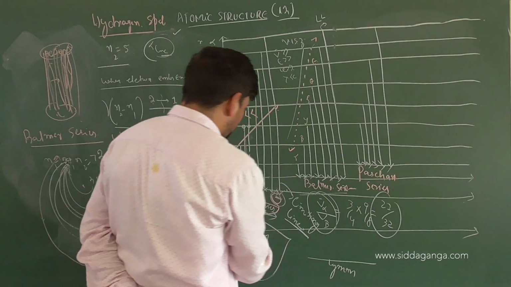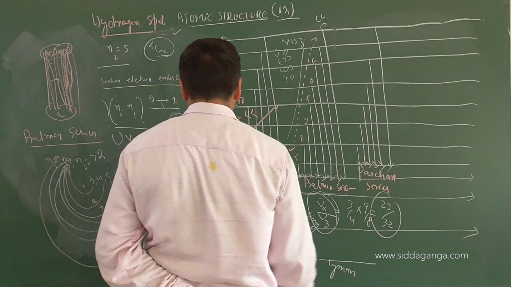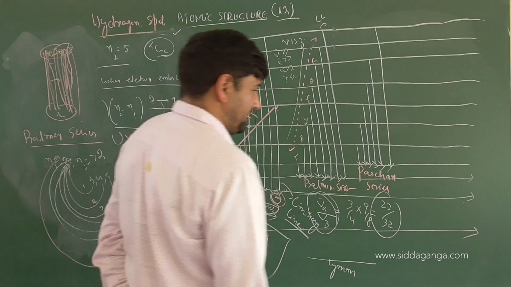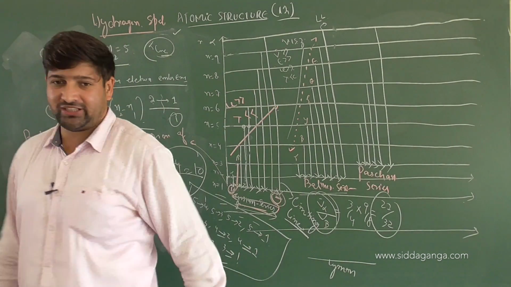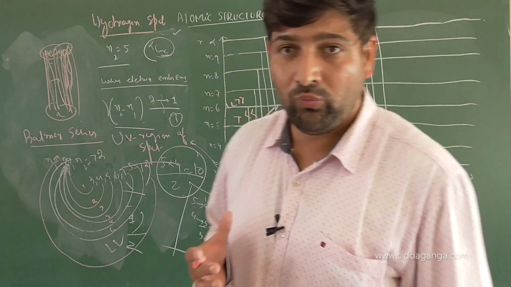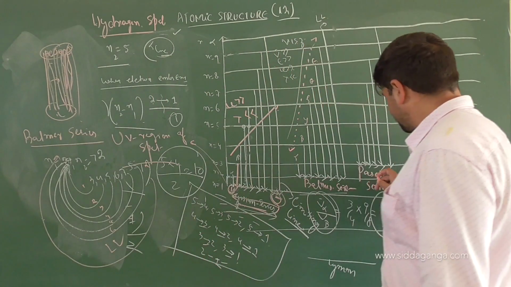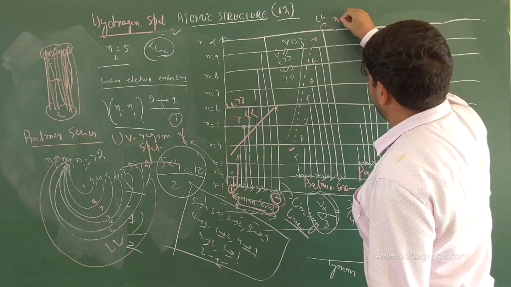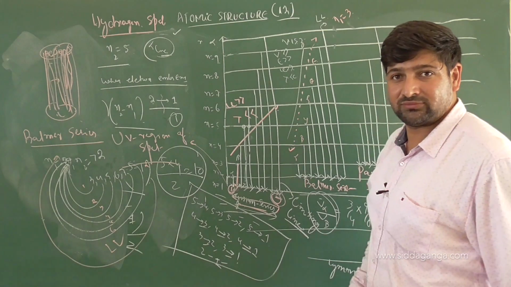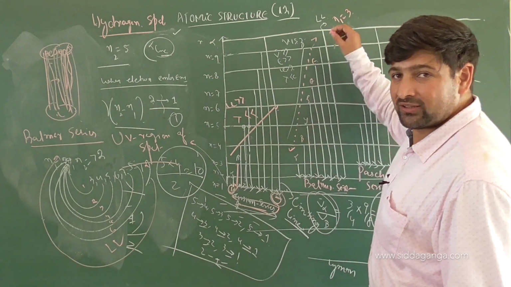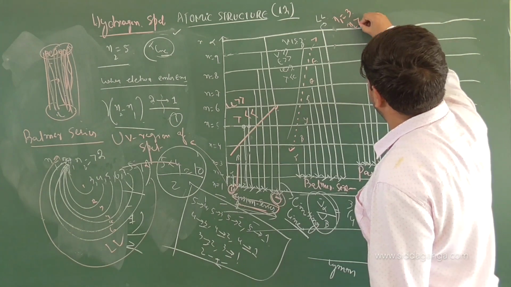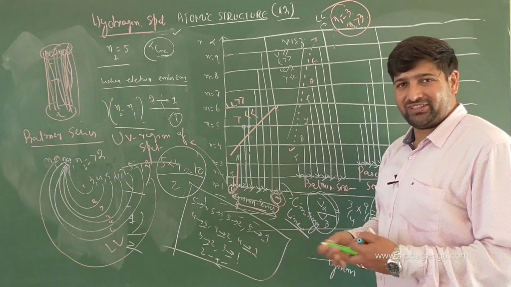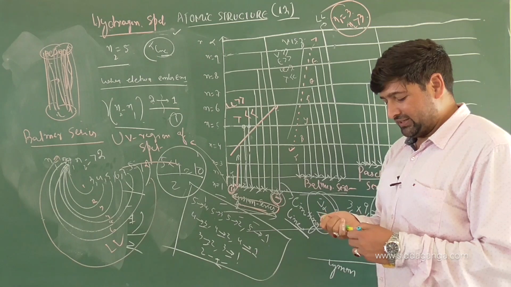Paschen series. Whatever the rules I told you in Lyman series, same is applicable to this as well. So in Paschen series, what is N1? N1 is 3 and N2 is more than 3. For which series? Paschen series.